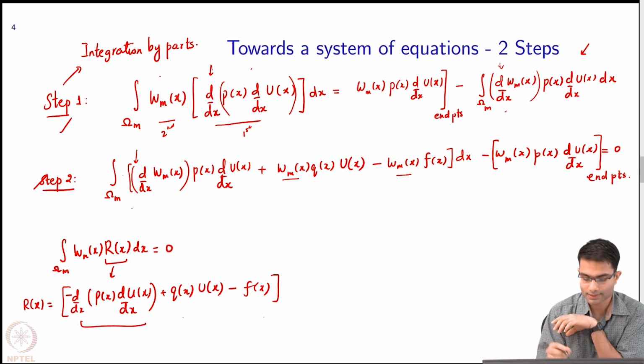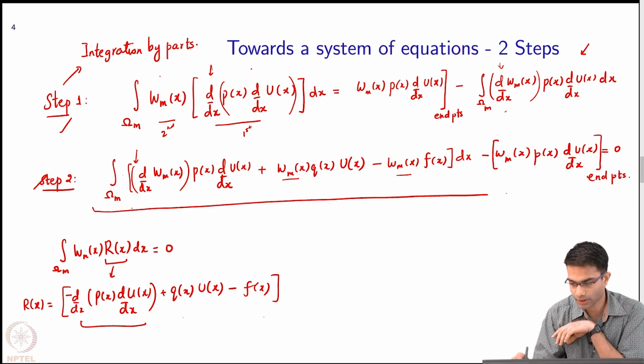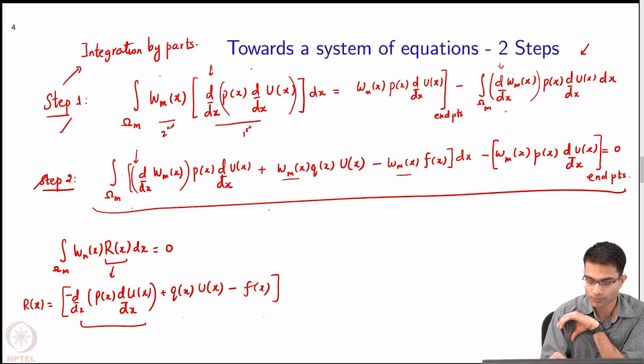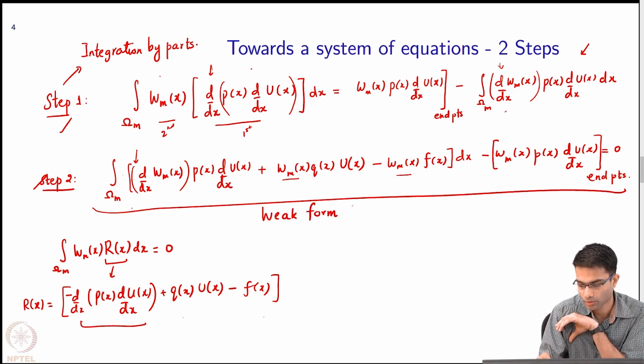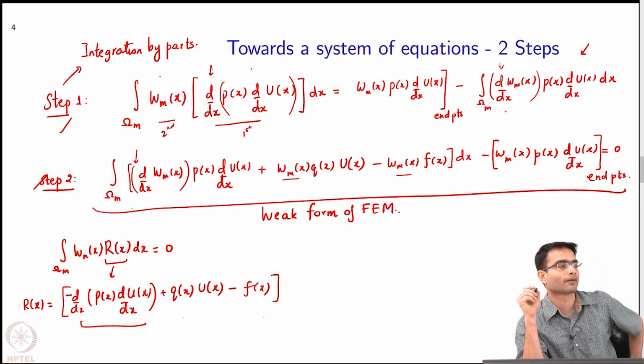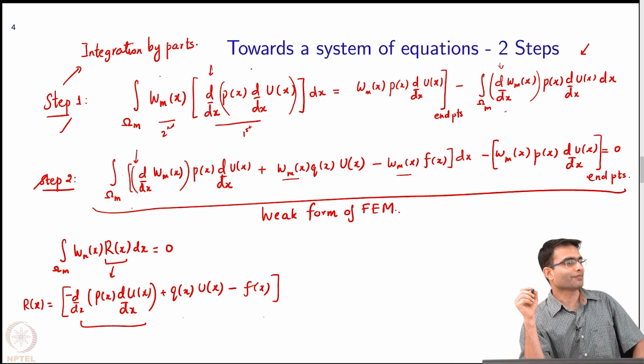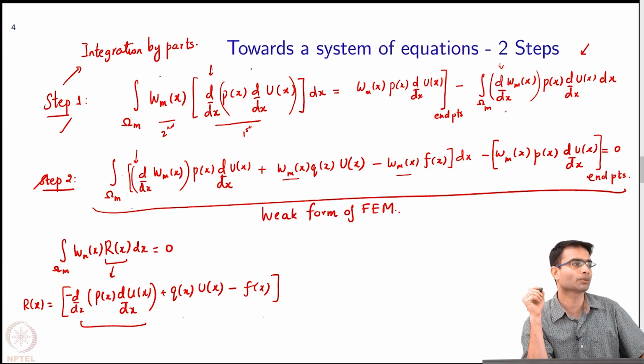Okay. Now this longish looking equation that we have written over here, this is what is called the weak form of FEM. Why is it called the weak form? Any guesses? What is weak about it?